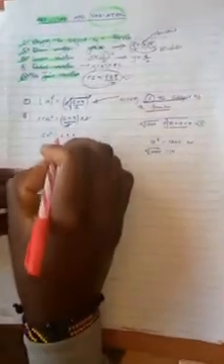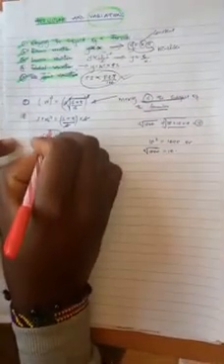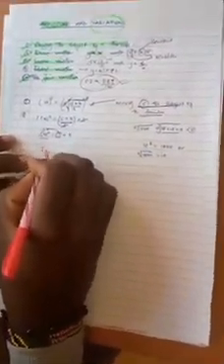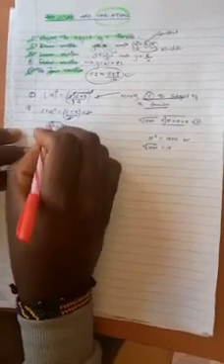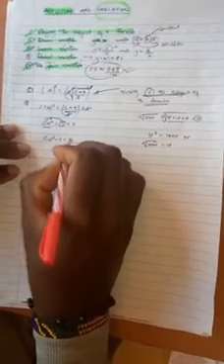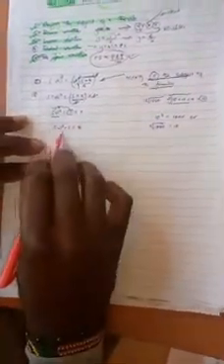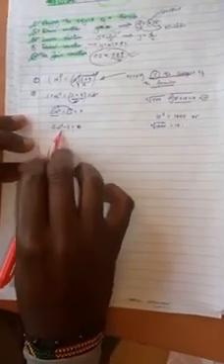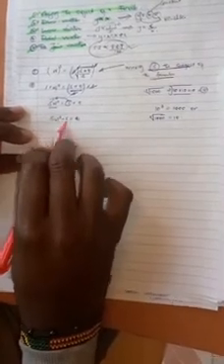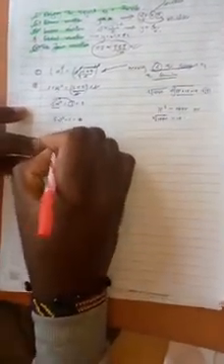So for you to make s the subject of the formula, s should be on one side and the other variables should be on the other side. So what I will do, I will take s to the other side and it will be minus s. So I will have s w cubed minus s is equals to, on this side I will be left with t. Then for me to find s alone, I factor out whatever is common between s w cubed minus s. I factor out s. So it's going to be s into bracket.